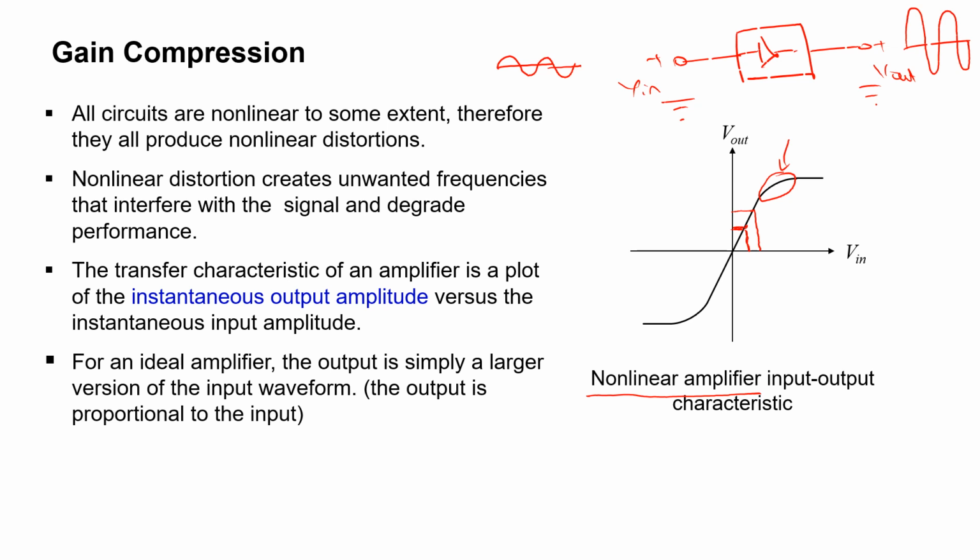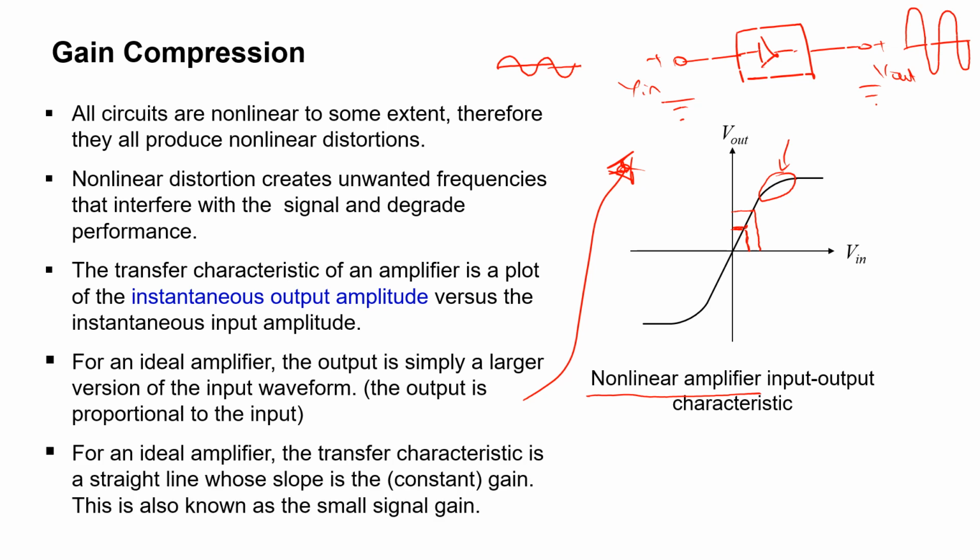That's exactly what we have seen here: a simple input curve is amplified at the output of an amplifier, but that's an ideal case. In real life, we face distortion as well. For an ideal amplifier, the transfer characteristic is a straight line whose slope is constant gain. This is also known as small signal gain. This concept is also clear.